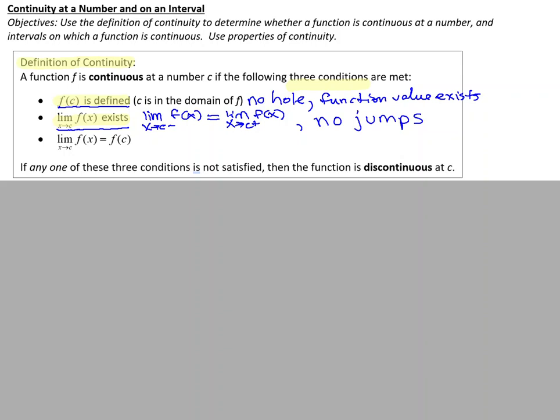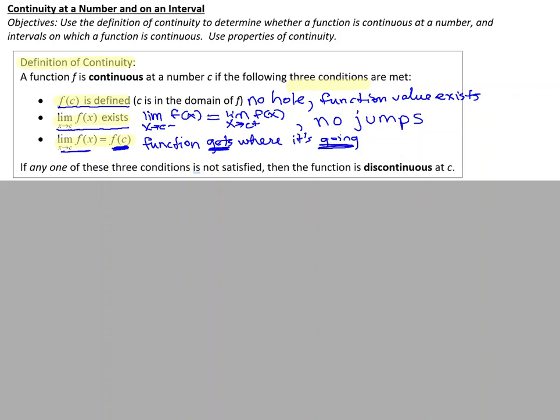And finally, the two above equal each other. The limit as x approaches c of f of x equals the f of c value. So the limit equals the function value. Another way to think of this is that the function gets where it's going. Remember that the limit is all about where the function is going, but it doesn't necessarily have to get there. So here we're thinking that the function gets, that's this part, its function value, where it's going.